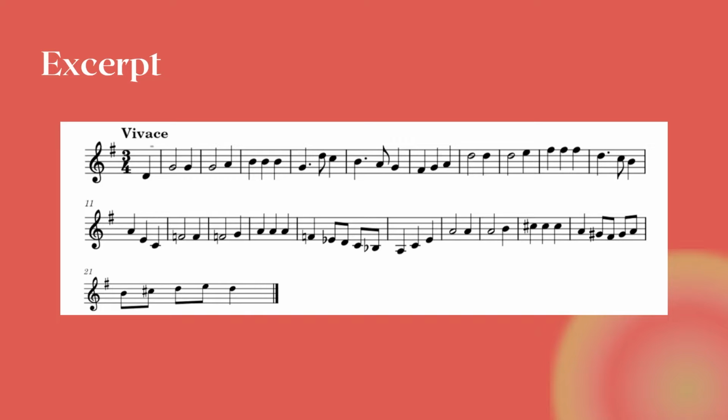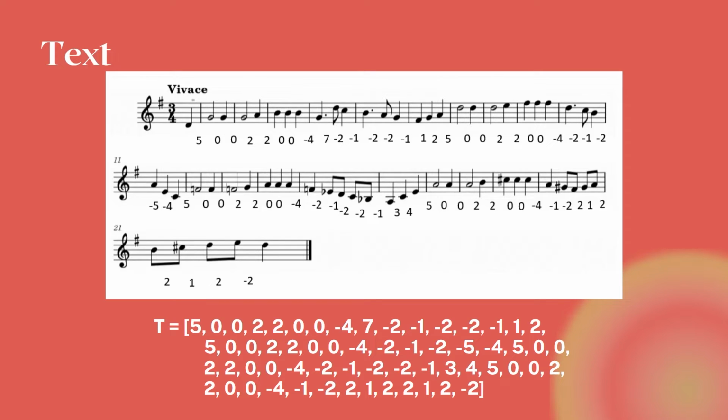Here we have an example excerpt taken from a melody of Naik-naik ke Puncak Gunung. Here, the text is the whole composition, where the text is a representation of the interval of semitones in the composition.